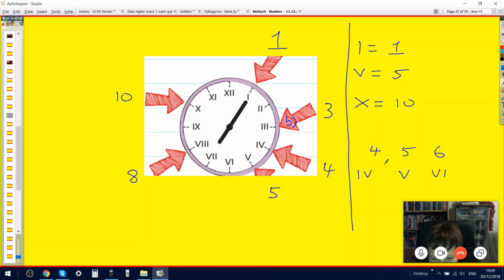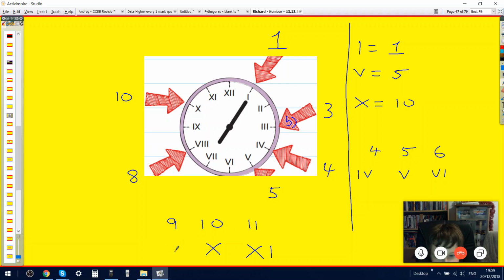And same thing with 9, 10, and 11. So we said 10 is X. Using that, what is 9? What is 11? Well, 11 would be XI.